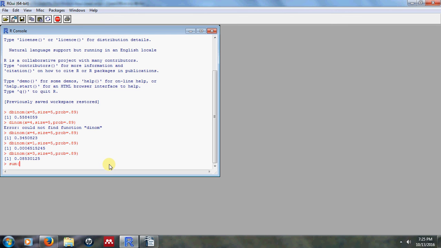And then to get the answer, we're just going to add them all up, so it's 0.558. I'm going to round off to 3 decimal places. 0.345, and the last one is the last one we ran, which is 0.0853.